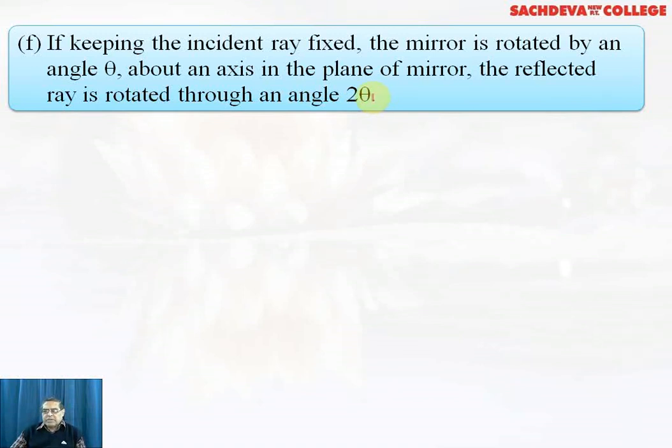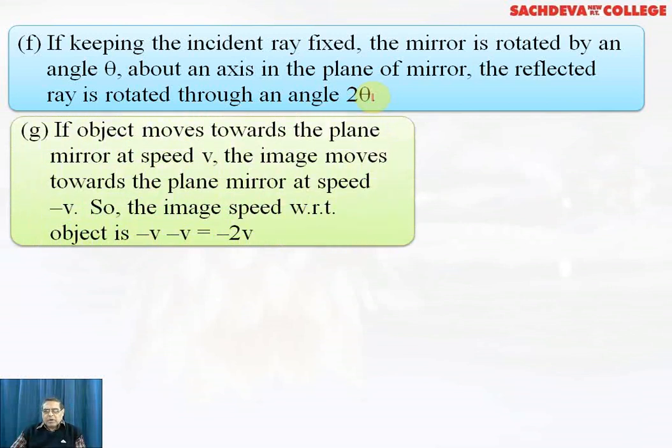If an object moves towards the plane mirror at speed v, the image moves towards the plane mirror at speed minus v. That is the relative velocity. So the image speed with respect to the object will be minus v and minus v, that is, minus 2v.